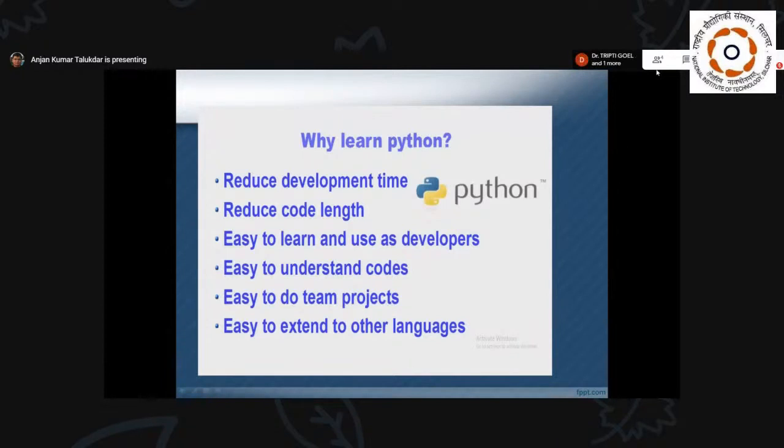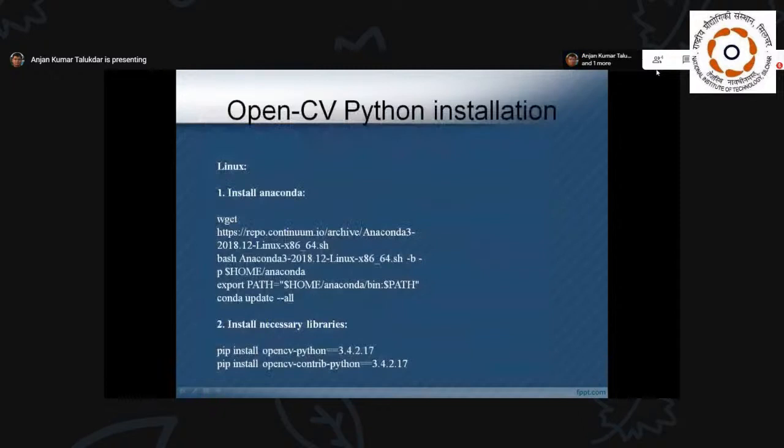Now, OpenCV Python installation. I'll give you a brief idea of how to install Python and OpenCV on your system. If you are using a Linux system, then install Anaconda. Anaconda is a complete package that contains all the libraries related to Python.